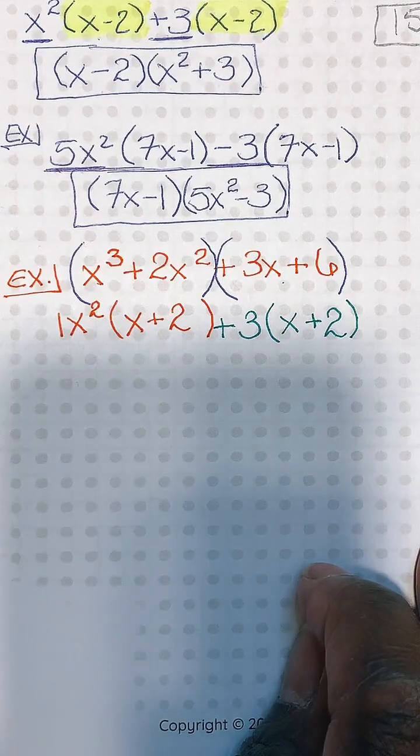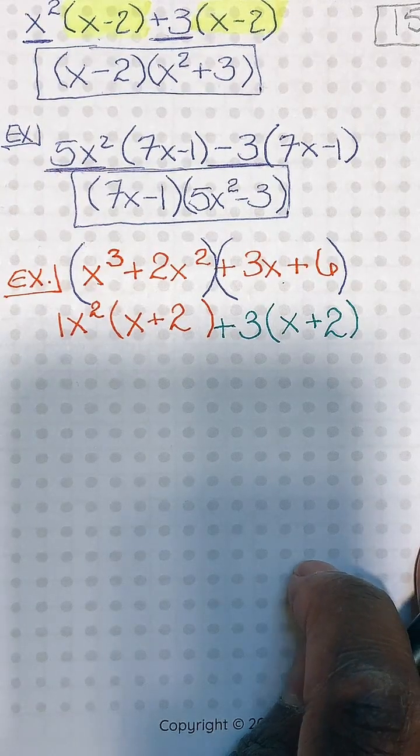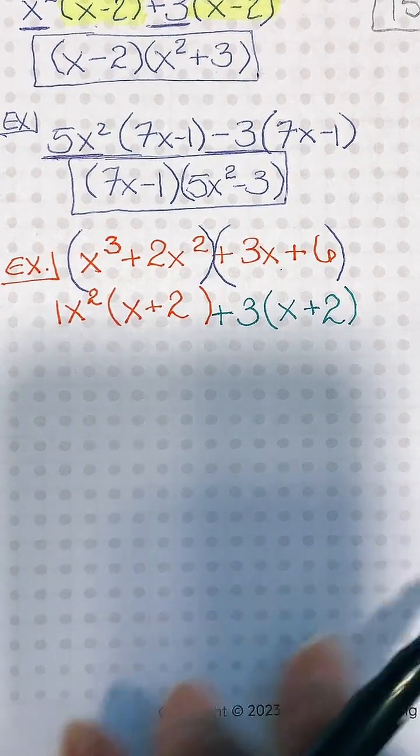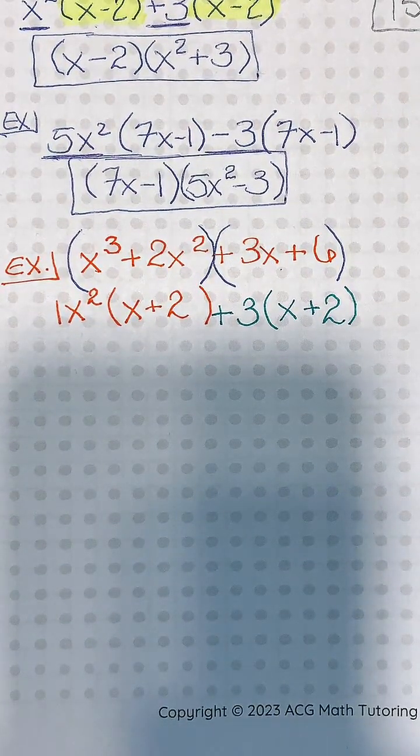So now, when I take this away, what do you notice? There you go. Good. x plus 2, x plus 2. The parentheses are the same.